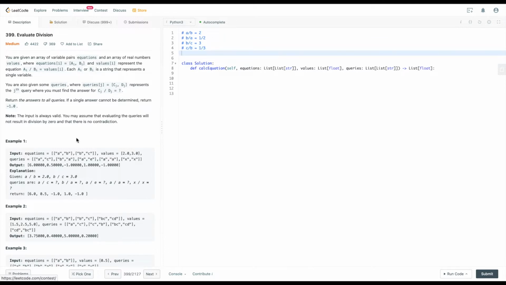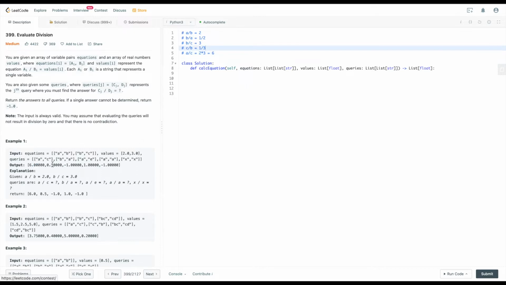And then it's asking us what's A divided by C. So A divided by C is actually A divided by B times B divided by C. So it's 2 times 3, which is 6, and the answer is 6 here.